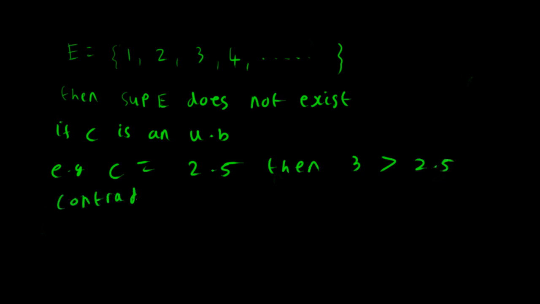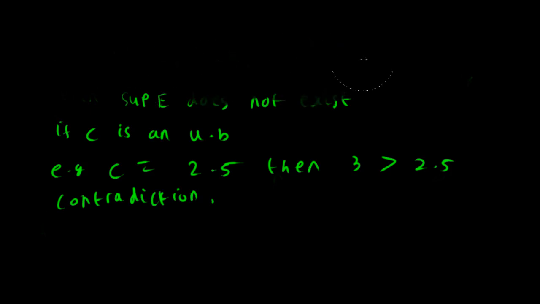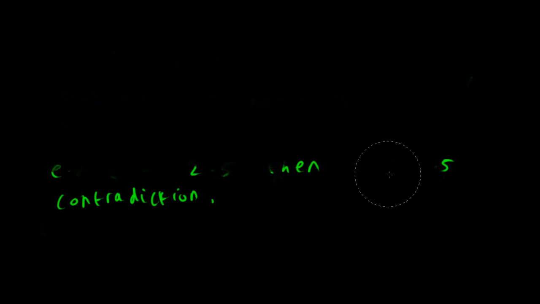So there's no upper bounds, and therefore there is no supremum. So sometimes the supremum might not exist, and the same is true of the infimum as well.